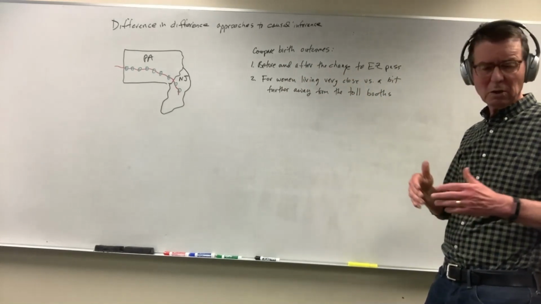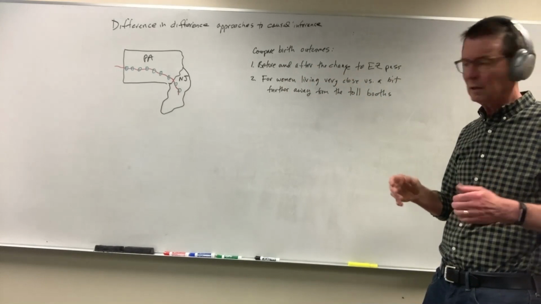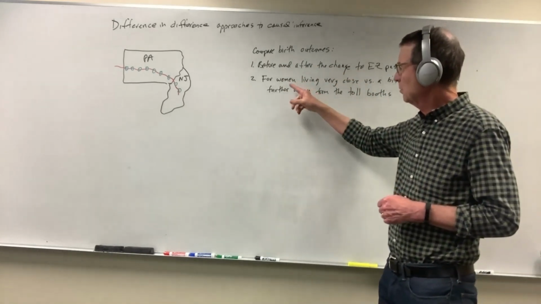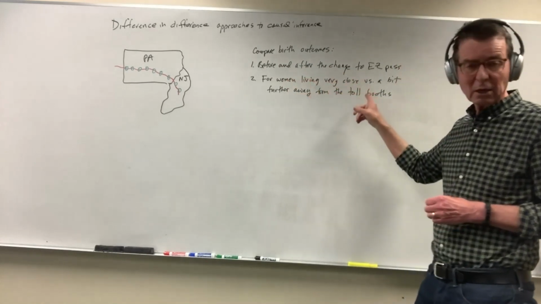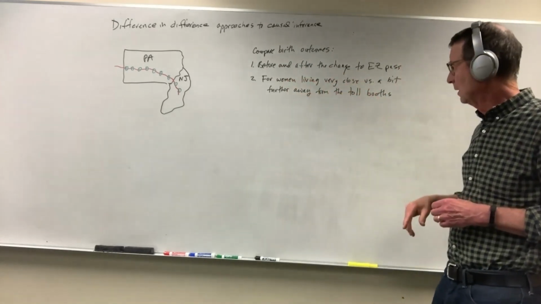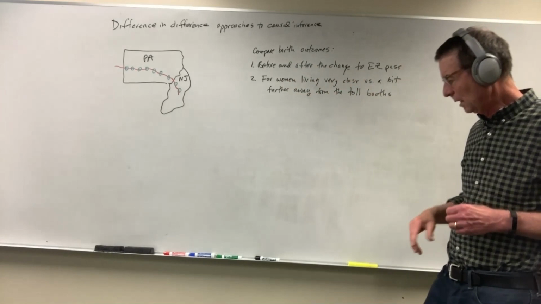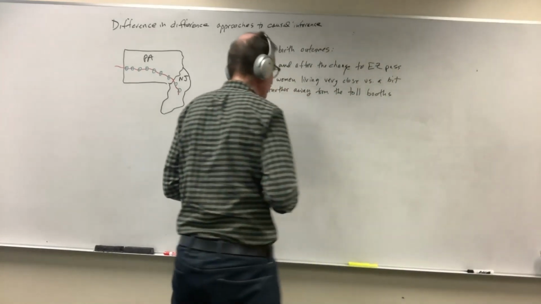And then because you know addresses on the birth certificates, you can also do the second difference, which is women living very close to a toll booth versus women living further away.